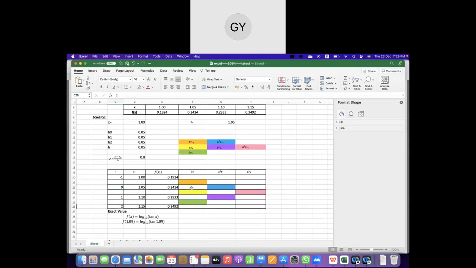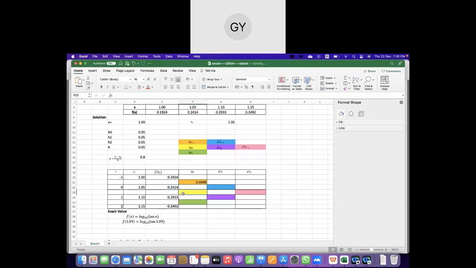Then we continue by finding the first divided differences. For the first DD -1, which is orange color, we insert the formula equal to 0.2414 minus 0.1924. So we get the answer 0.0490.